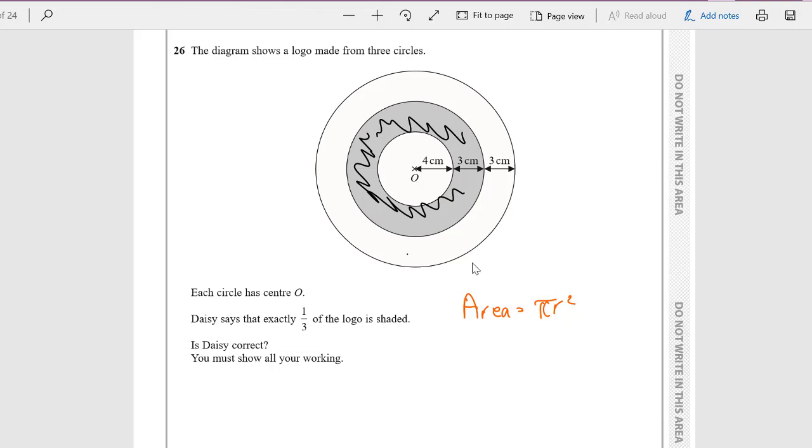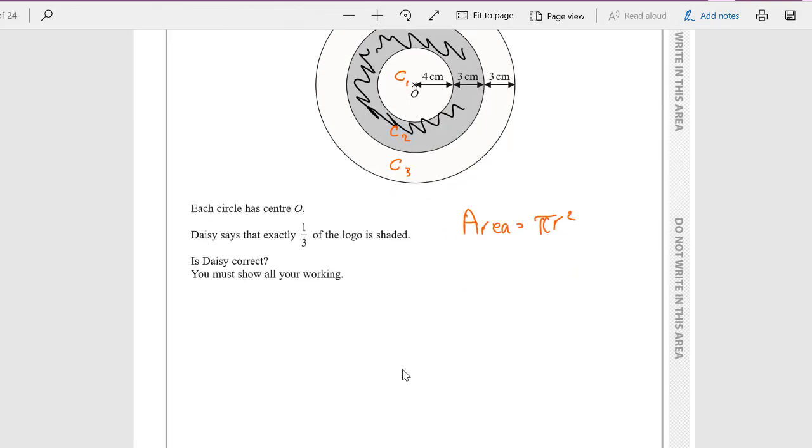So let's then start assigning labels to our circles. That's the best way so that we can keep track of what we're doing. I'm going to say this from in to out. So that's C1, that's C2, and I'm going to call this C3. Let's start off by calculating the area for circle 1.